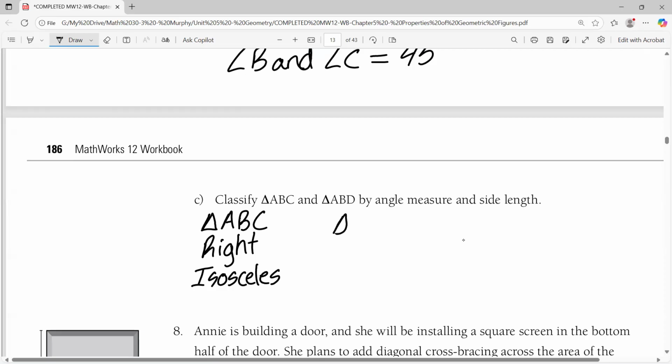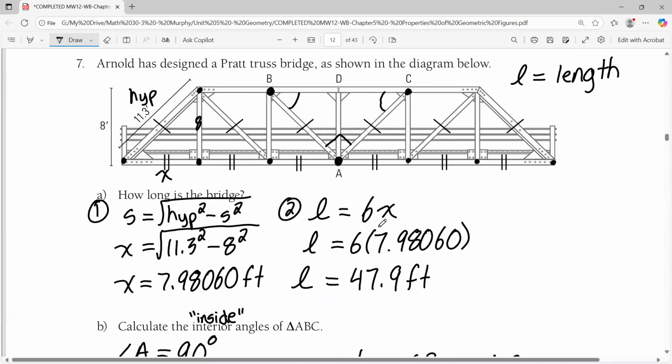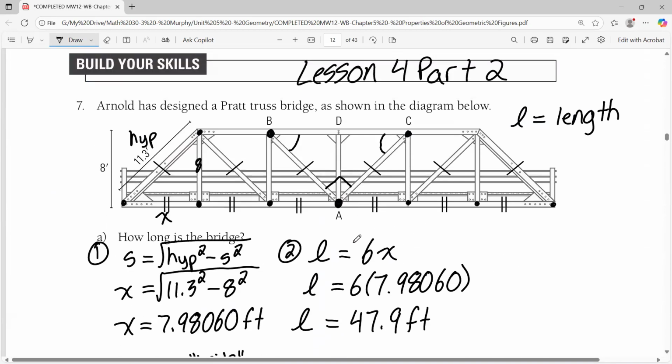And then triangle A, B, and D. Okay, so I'm just going to scroll back. A, B, D, right here. So from A to B to D, so half of the triangle here.